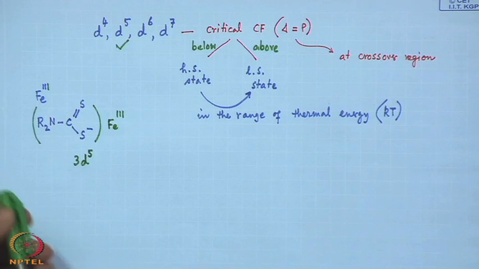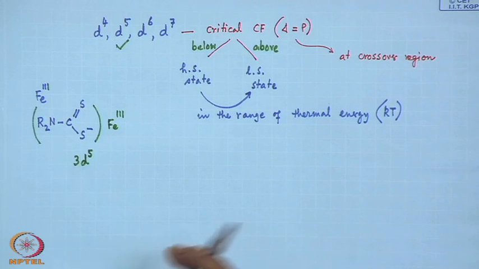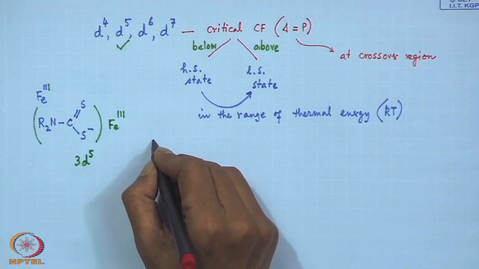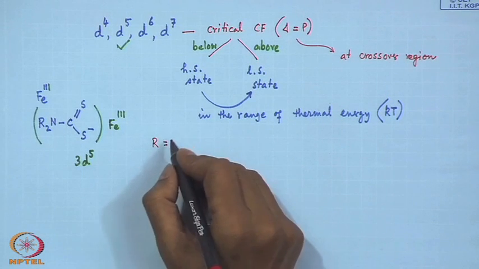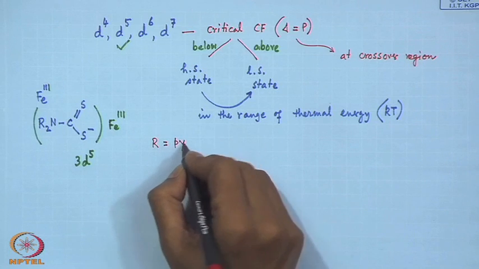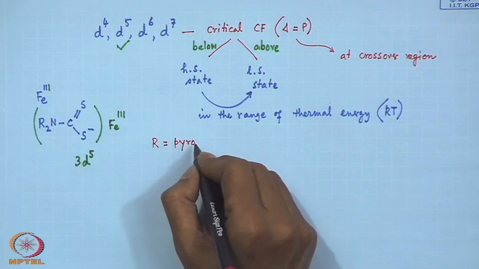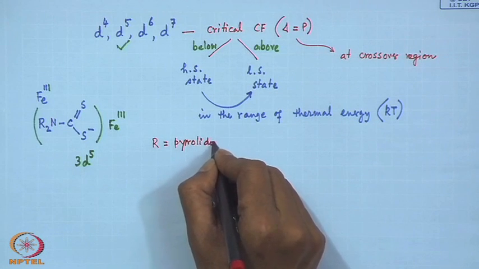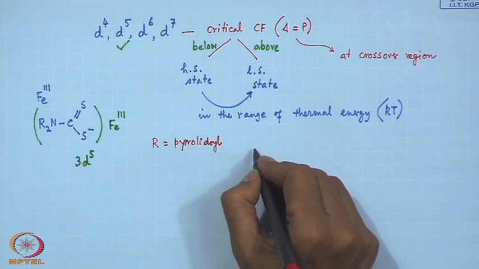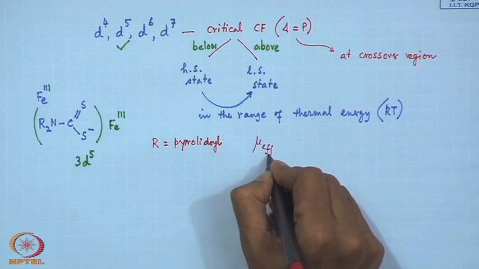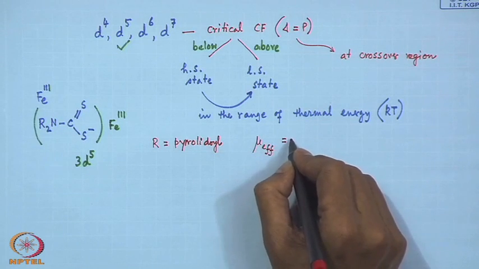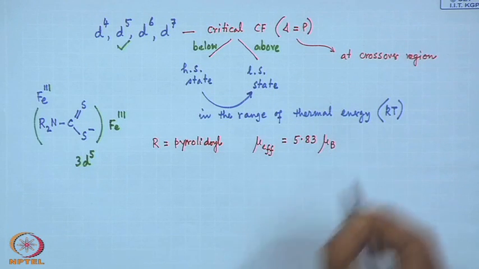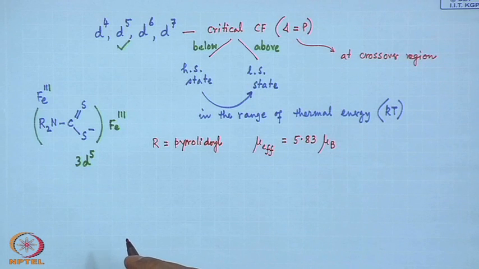These R groups can be of different types depending upon the amine. When R is equal to pyrrolidoyl, the corresponding mu effective value would be 5.83 Bohr magneton.